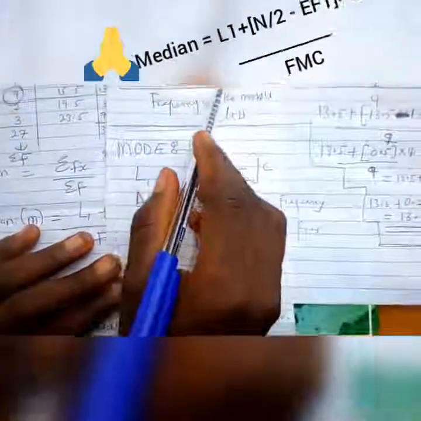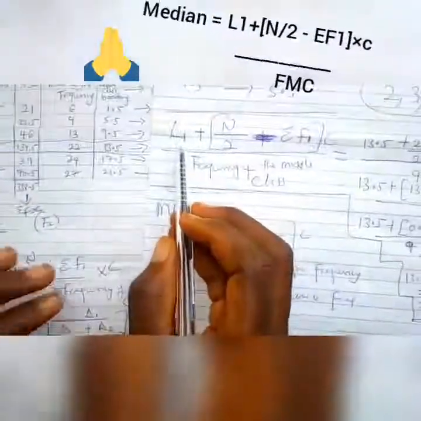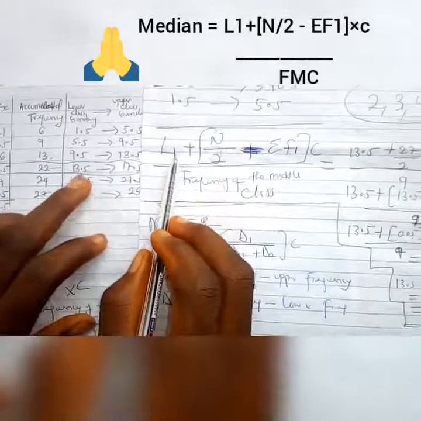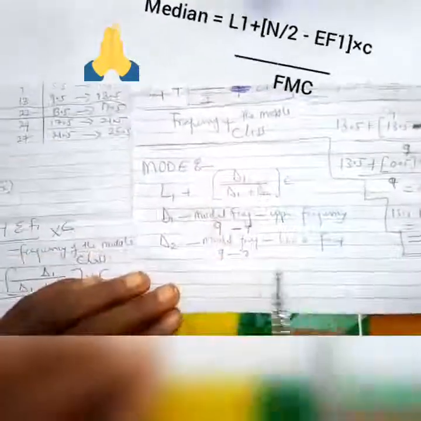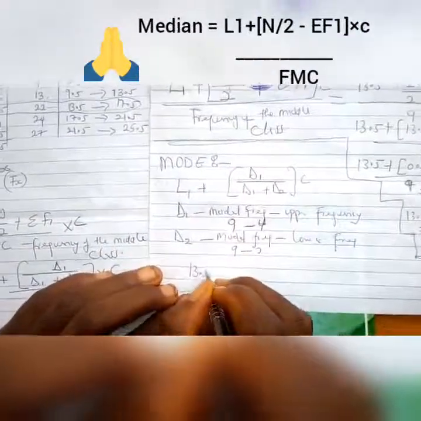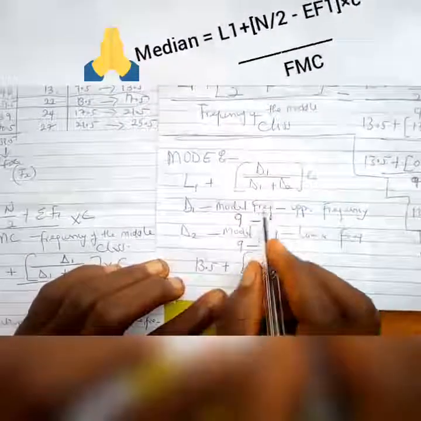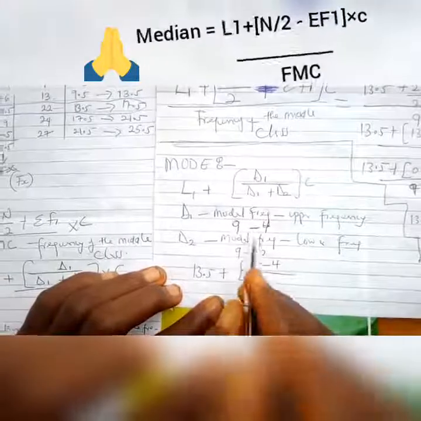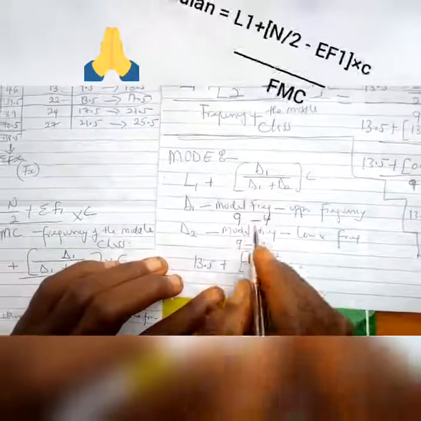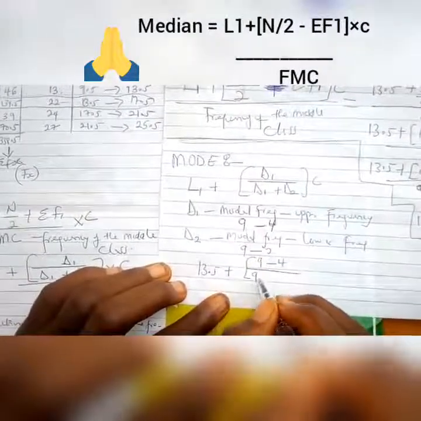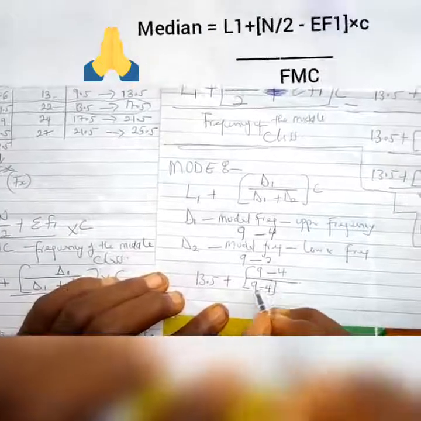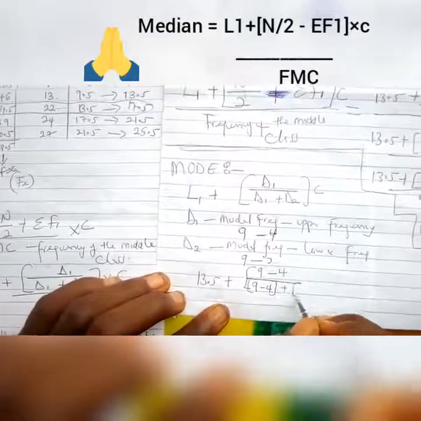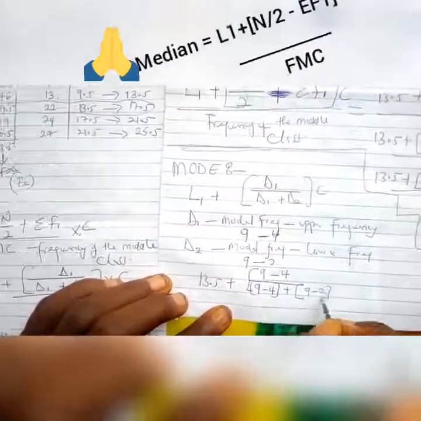So let's insert it into our formula. The lower class boundary is 13.5. Don't forget. So you're having 13.5 plus D1, which is 9 minus 4, over D1, which is 9 minus 4, plus 9 minus 2.